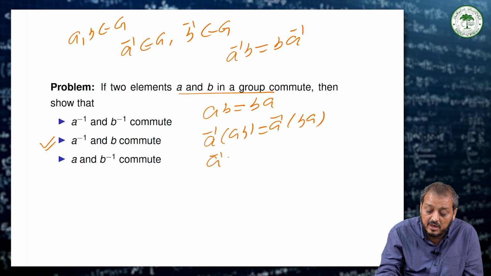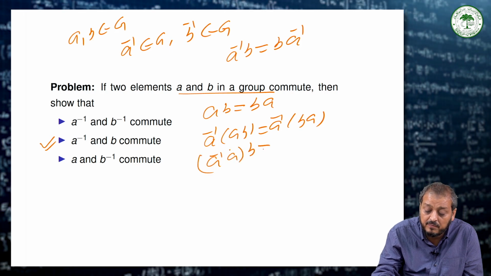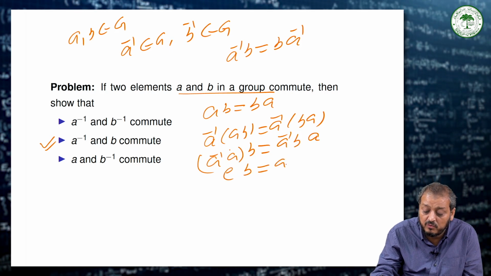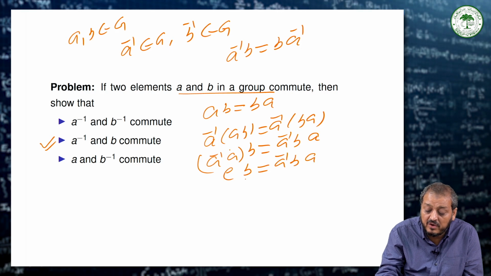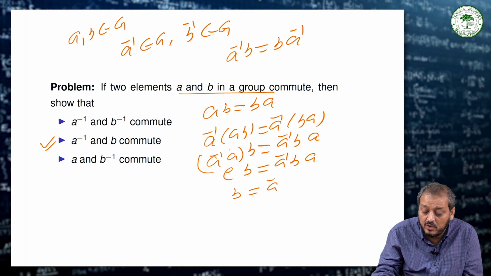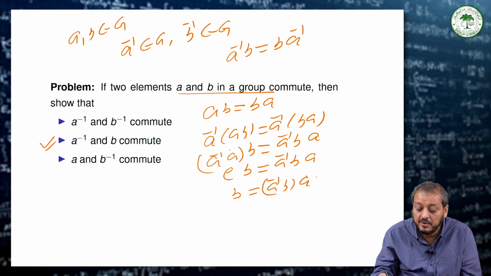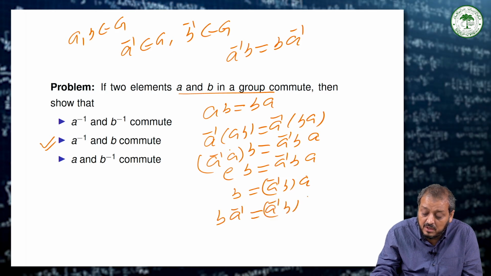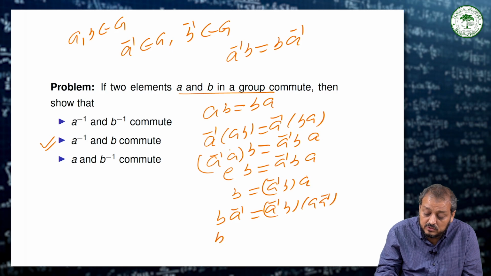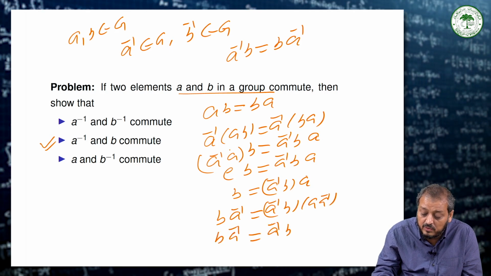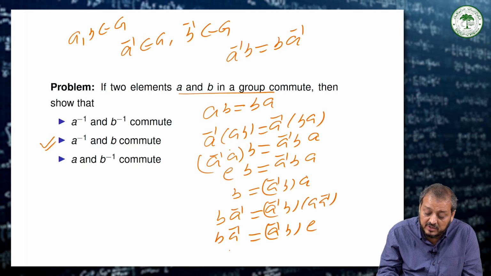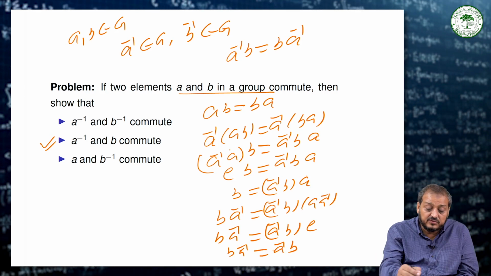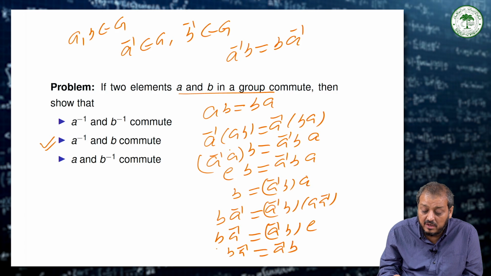Now using associativity and the identity, B is equal to A inverse B A. Now multiplying by A inverse on the right, we get B A inverse is equal to A inverse B. So B A inverse is equal to A inverse B, which means A inverse and B commute.